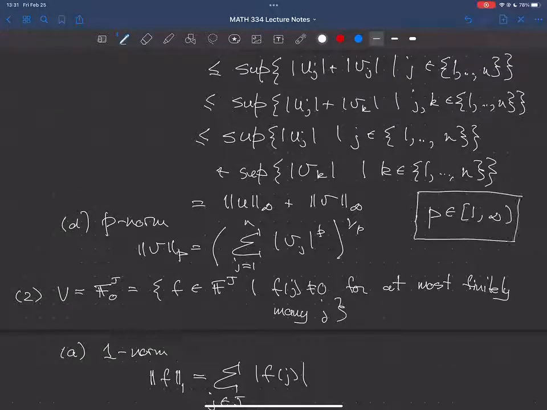And the norm property that requires this is the triangle inequality. So if p, let's say, goes between 0 and 1, okay, that will be a thing, but it won't be a norm. Because it will fail to satisfy the triangle inequality. But when p is greater than 1, it satisfies the triangle inequality.